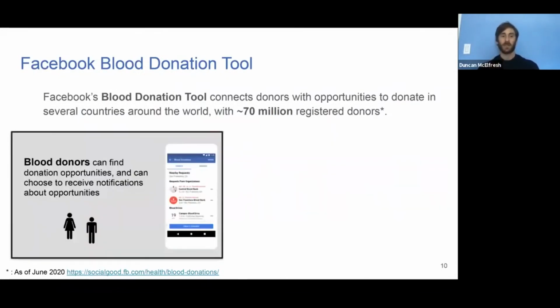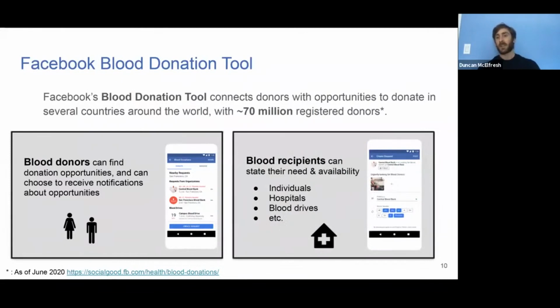One, if you're a donor, you can sign up, and as I described before, you can browse donation opportunities, and you can also opt in to receive notifications about those opportunities. You can also sign up as a blood recipient, and recipients are mainly hospitals and blood drives. At some point, individuals could sign up as recipients as well. And as I said before, these recipients will state their need, maybe a level of urgency or a blood type.